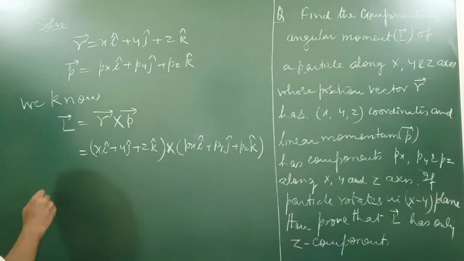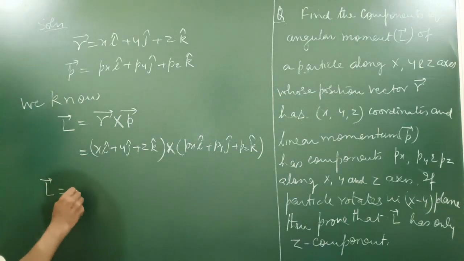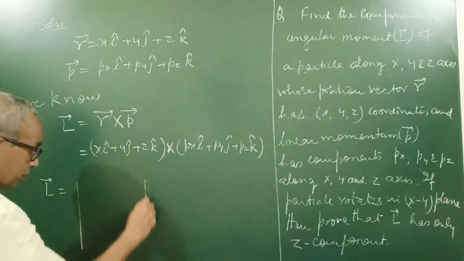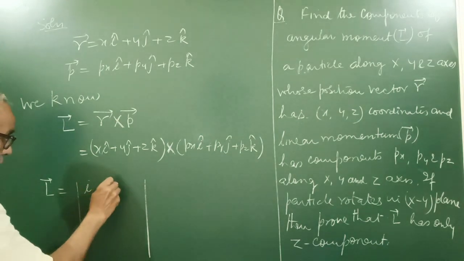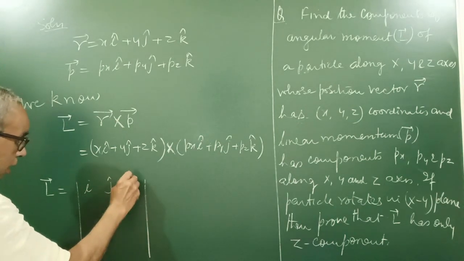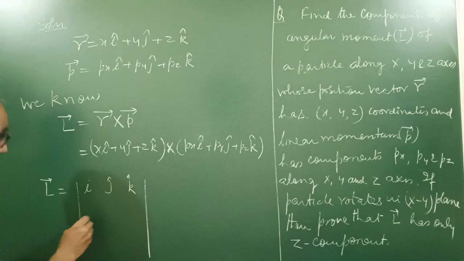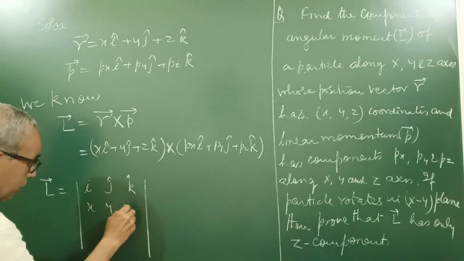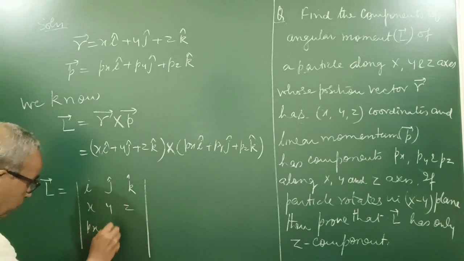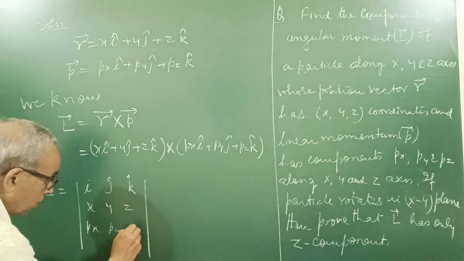Now to find vector L, we go this way also: i, j, k, and then x, y, z, px, py and pz.